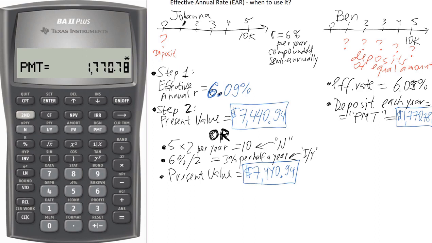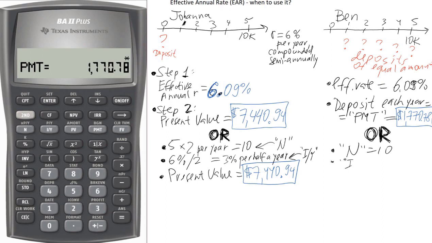Now let's do it the other way. Let's put aside the effective rate again and see if we get the same answer if we do it the same way we did it earlier for Joanna's deposit. So we're basically saying that, okay, it's as if N equals 10, just like here for Joanna.